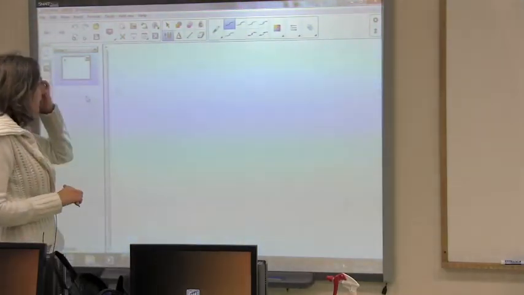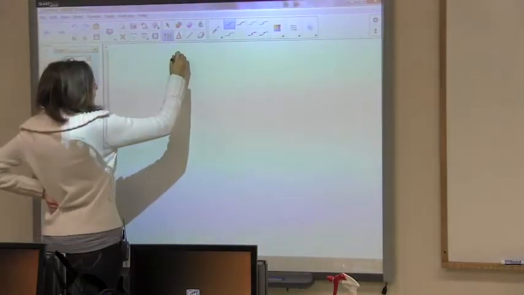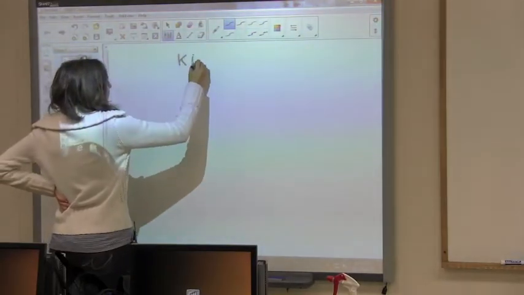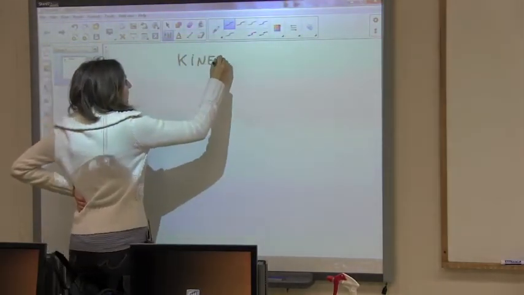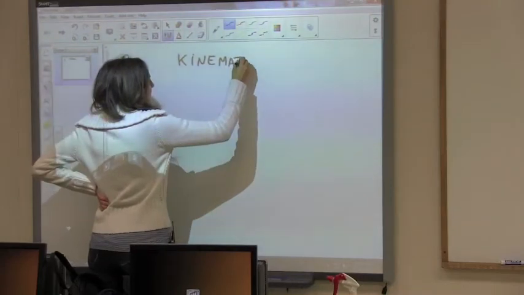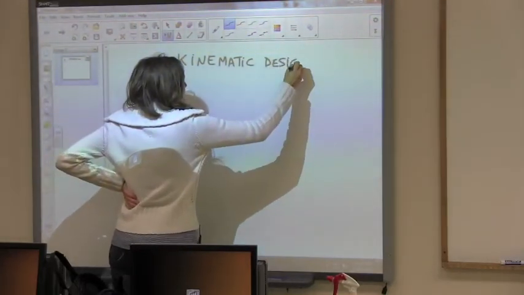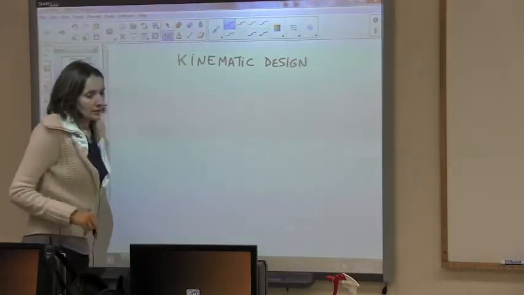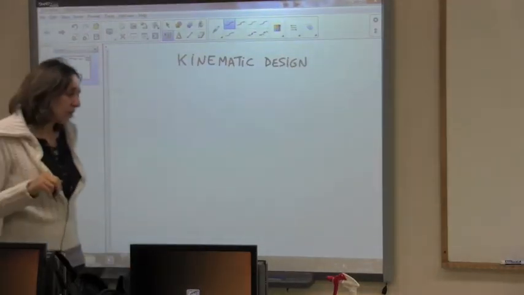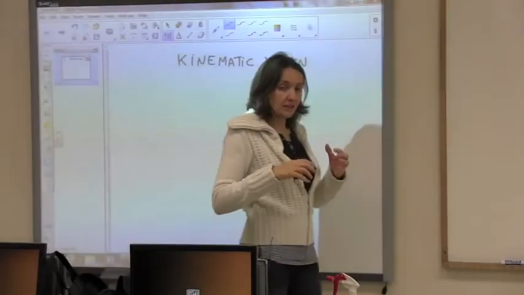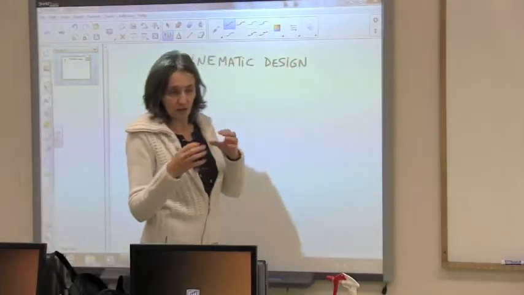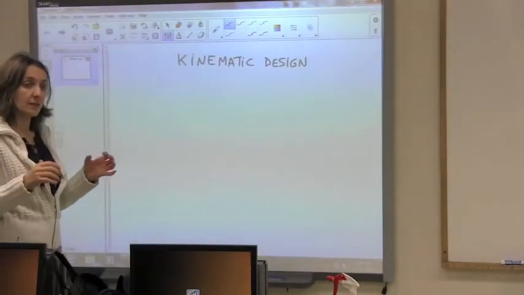So basically, we are going to just say a few things about the kinematic design. So our goal is to have some articulated system, a system that is made of joints and links.